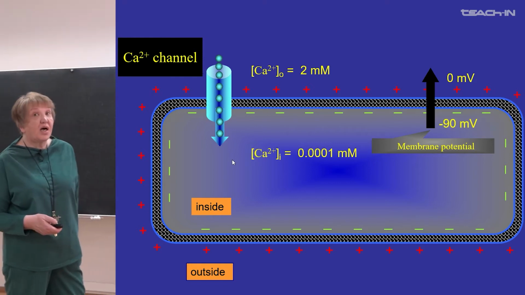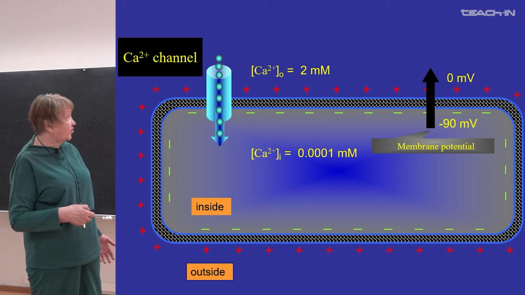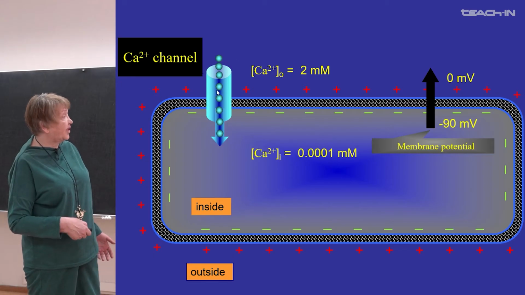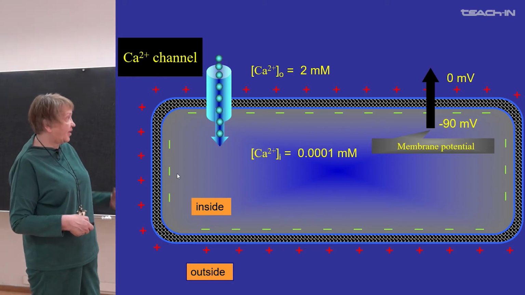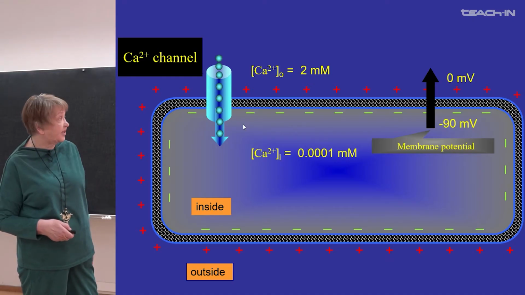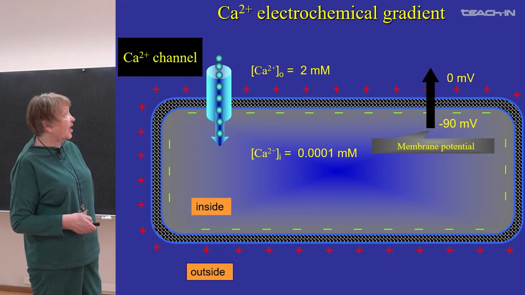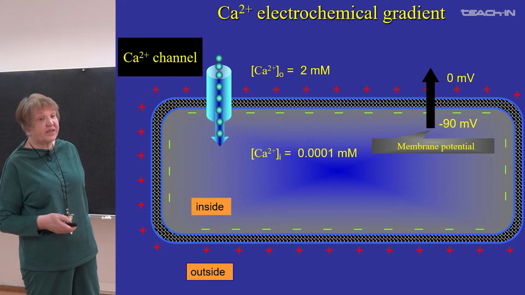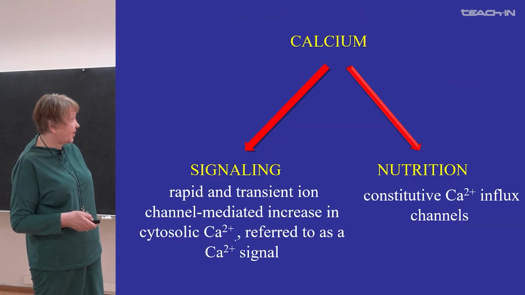So for any stress signal, it's enough to affect opening of calcium channels on the plasma membrane to have a huge increase of calcium inside the cell. So the electrochemical gradient for calcium is always directed inside the cytoplasm.